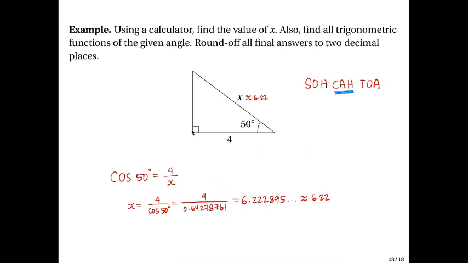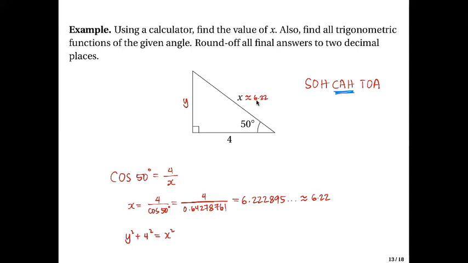Say, let this be y. Okay? Y squared plus 4 squared is equal to your x squared. And you know the value of x already. Let's just use 6.22. Of course, we will have a lot of rounding errors here.